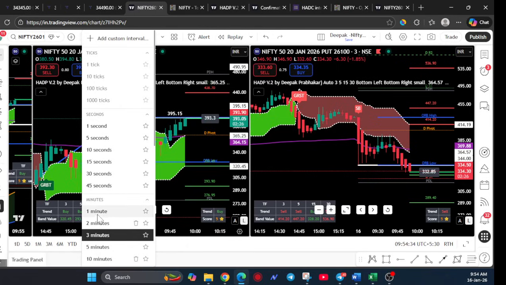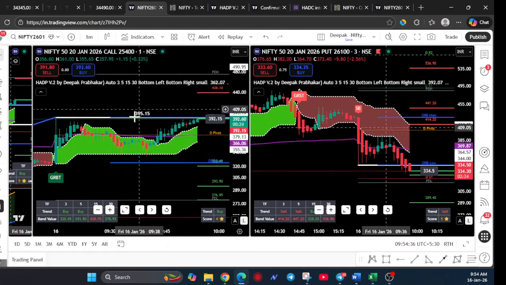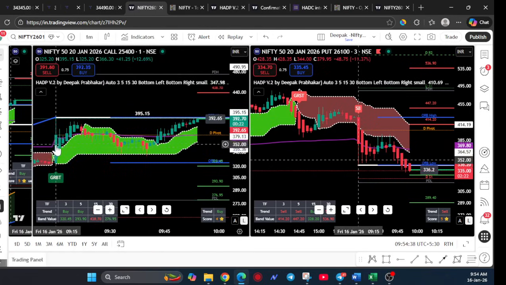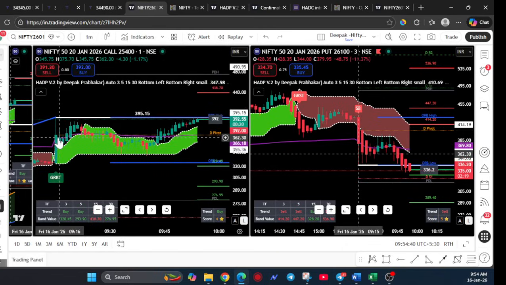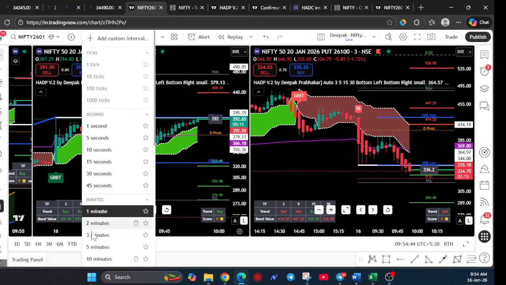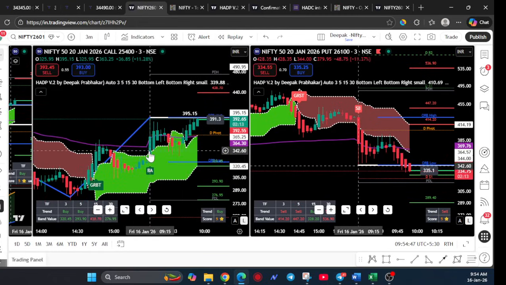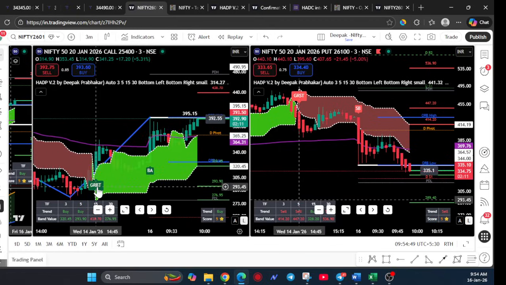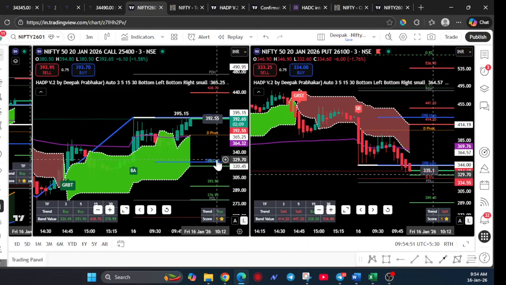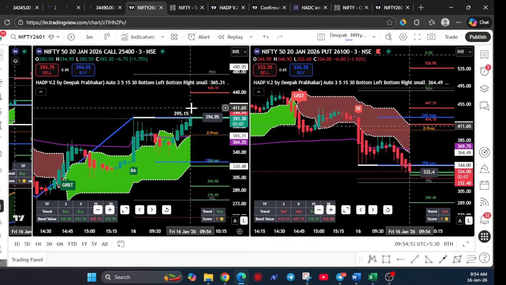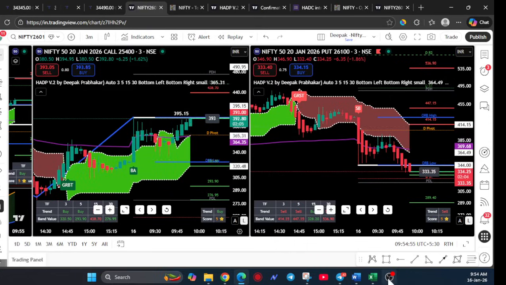You can wait for a 1 minute candle here on the call to close above this GRBT signal, and then take a trade if you want, or because the 3 minutes buy is active from yesterday, the GRBT got printed, you may choose to buy immediately after it crosses 395.15.